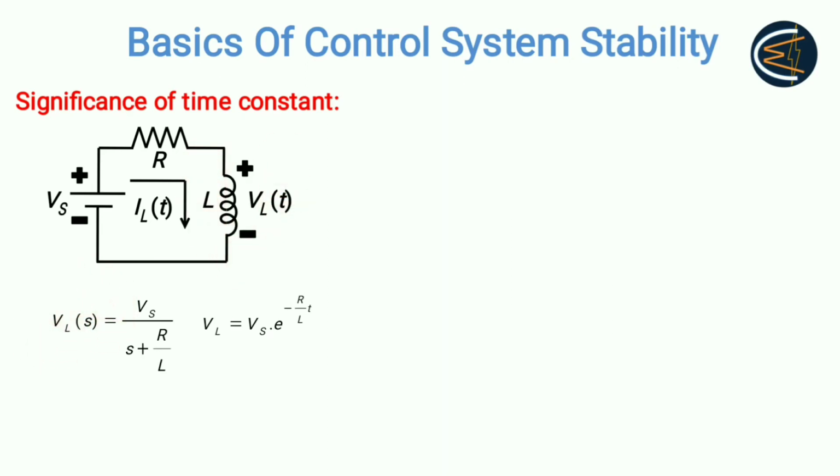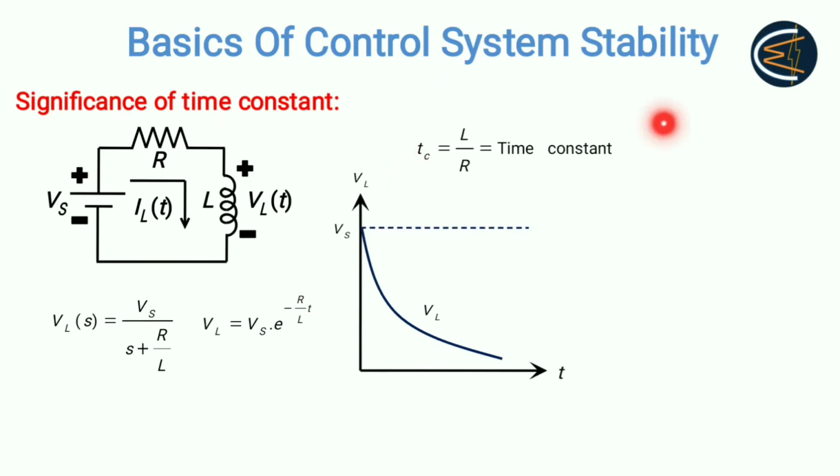So the Laplace transform of the voltage across inductor will be Vs by S plus R by L, and by performing inverse Laplace, you will get Vs into e to the power minus R by L into t. Where Tc is the time constant, that means L by R is the time constant, and this is the time domain response. See, it is converging towards zero, right?